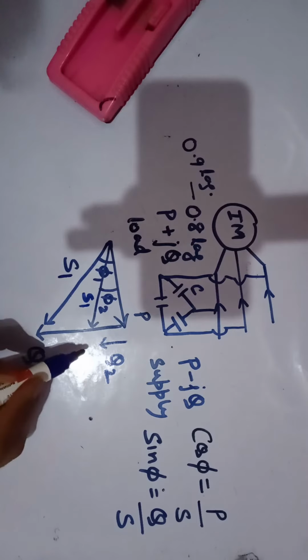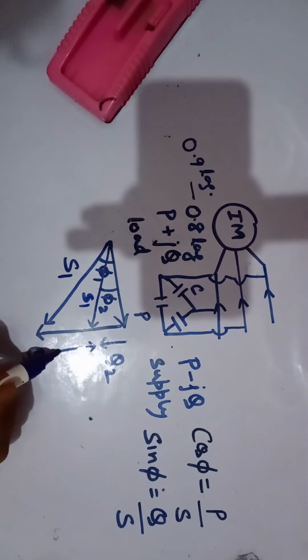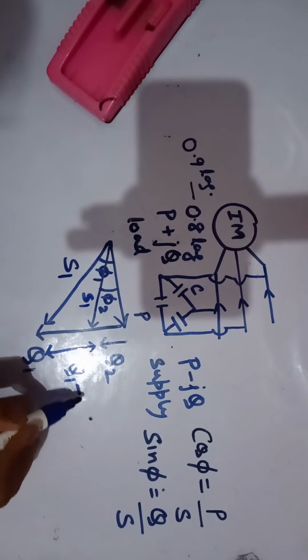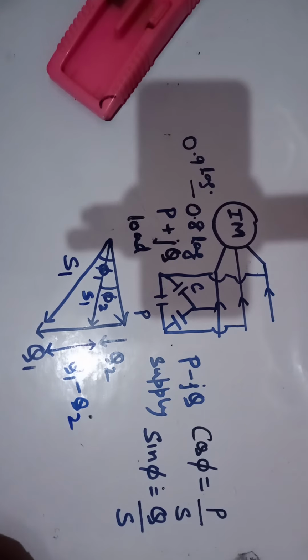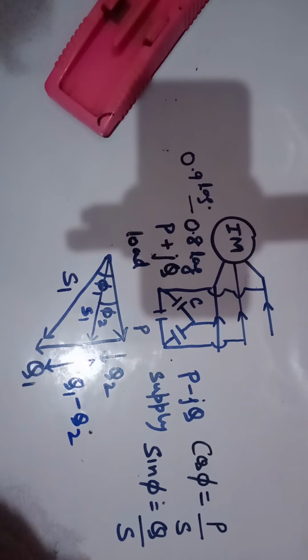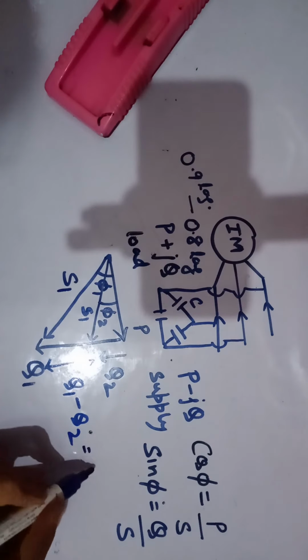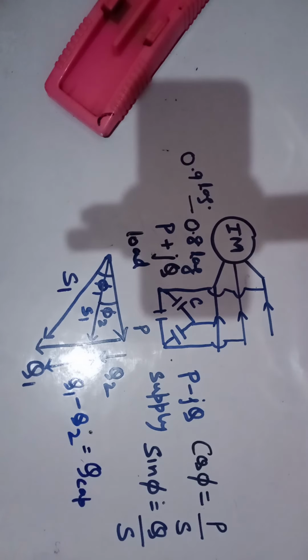So what happens? After connection, this much amount of power, that is Q1 minus Q2, is supplied by your capacitor bank. Okay, Q capacitor is supplied.